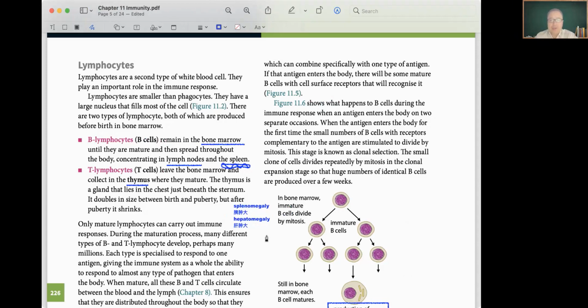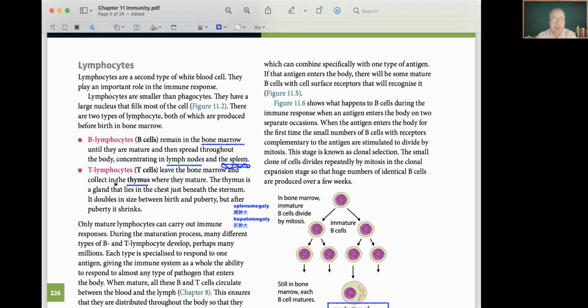It is generally associated with a virus attack or some liver disease, liver cancer, etc. But splenomegaly, the enlargement of the spleen, will certainly be associated with the immune response.